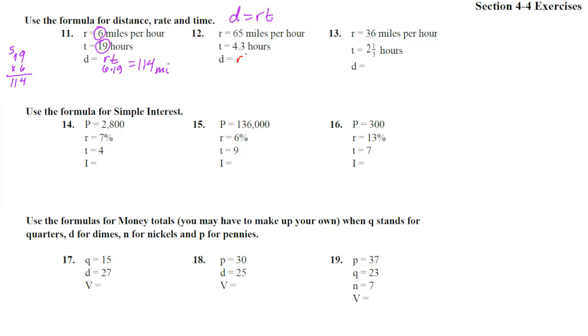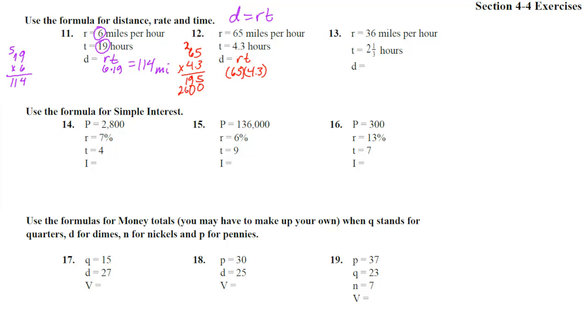Number 12. Again, D equals RT. So we've got the rate is 65 and the T is 4.3. We're going to times those two together. 65 times 4.3. Do the multiplication. 3 times 5 is 15. Carry the 1. 3 times 6 is 18. Plus 1 is 19. 0 for the next row. 4 times 5 is 20. 4 times 6 is 24.